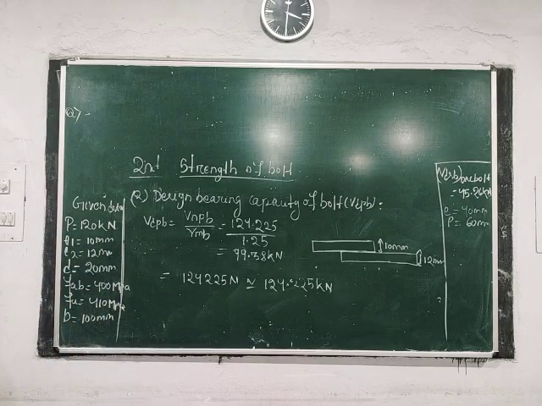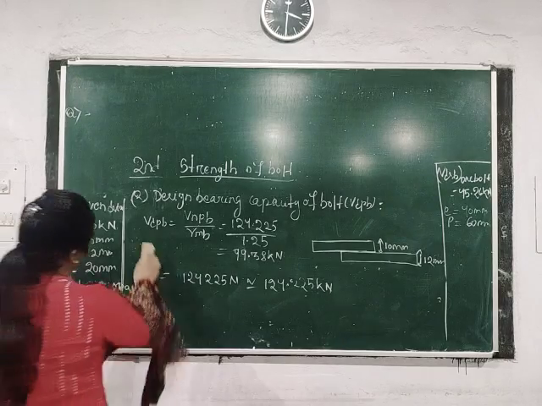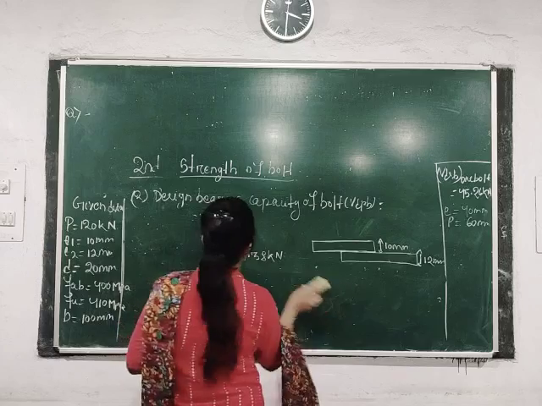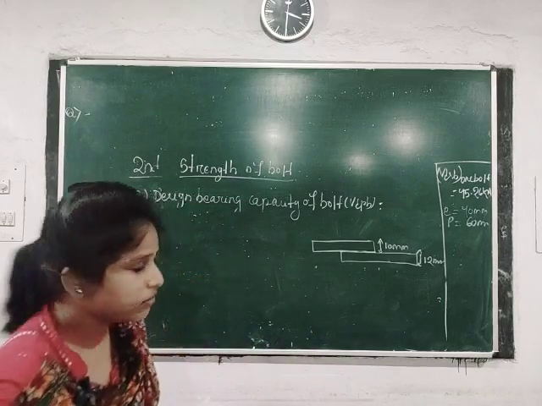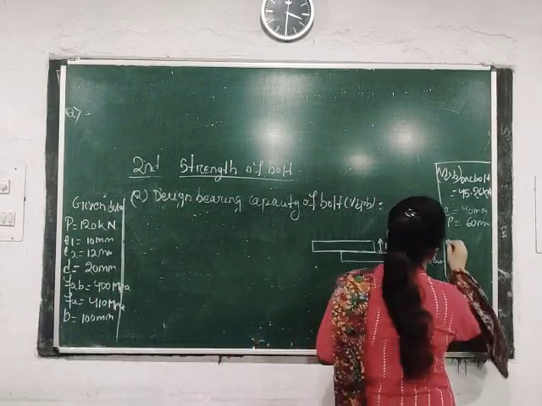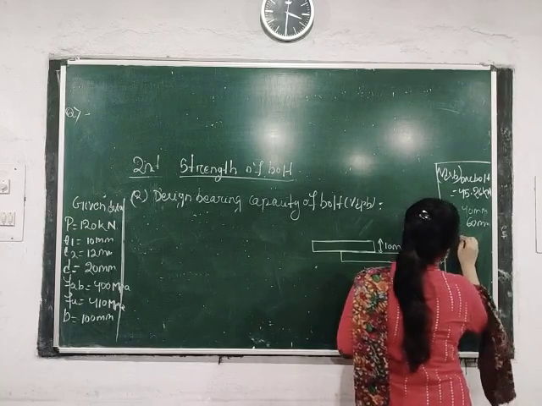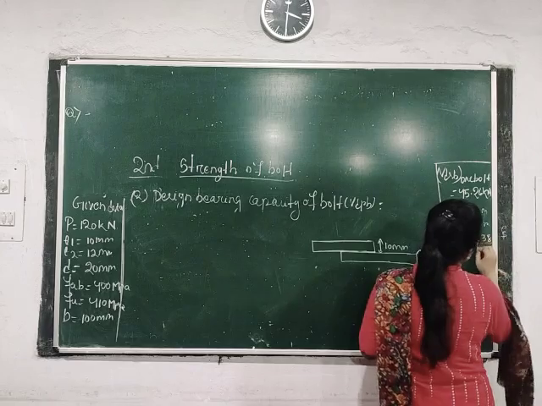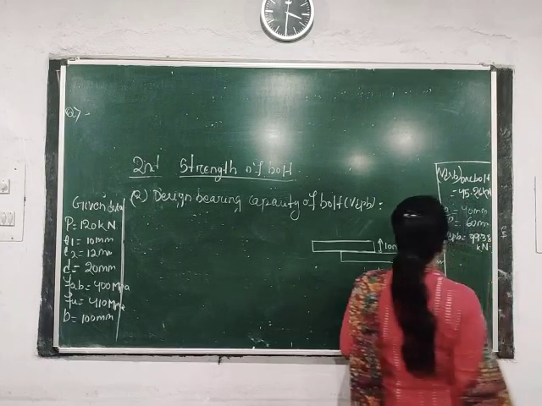Okay, so the design bearing capacity of bolt that we have calculated is 99.38 kilonewton. That also we have calculated for one bolt only.